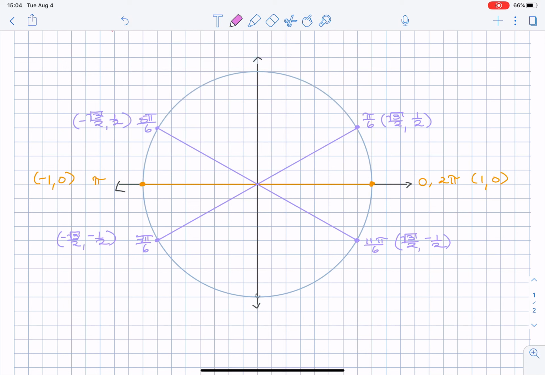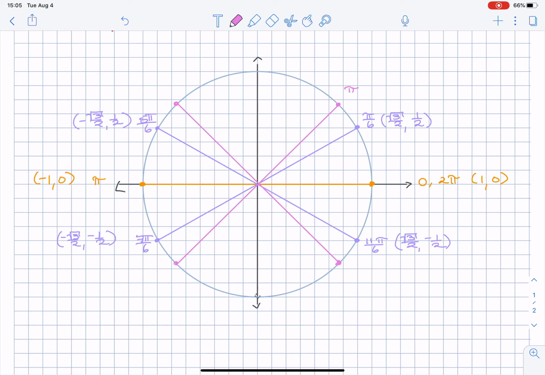Let's use pink. Okay, so 45-degree reference angles along the main diagonal. Okay, so those are the pi over 4s.